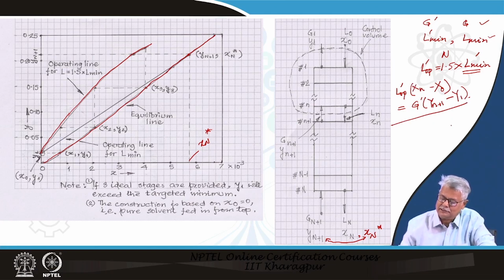Now, in a general sense, here what we have is a relationship between Yn plus 1 and Xn. We know that in mole fraction basis, the corresponding values are Yn plus 1 and Xn.